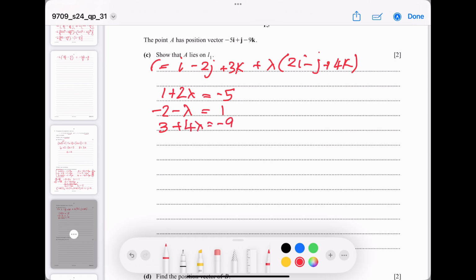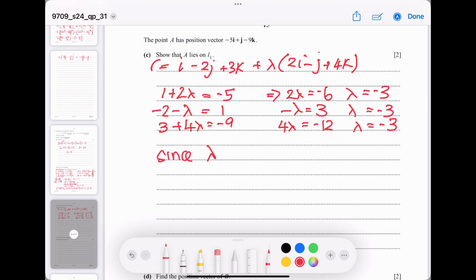So let's solve each of these. That gives me 2 lambda is equal to negative 6, so lambda is negative 3. Here we've got negative lambda is equal to 3, so lambda is negative 3, which is looking good, and 4 lambda would be equal to negative 12, so there we go.